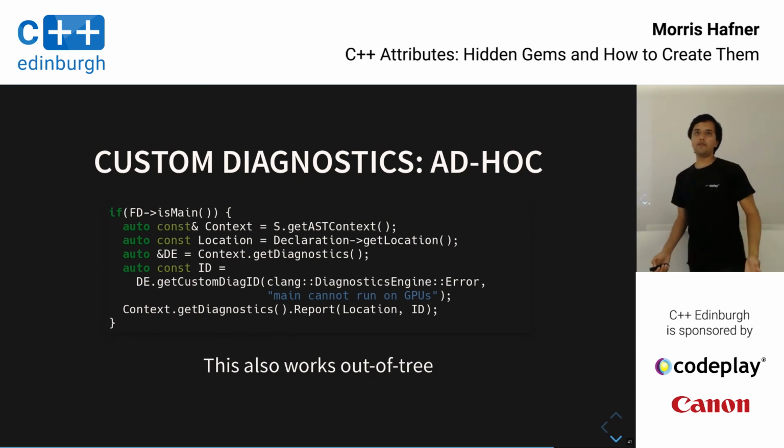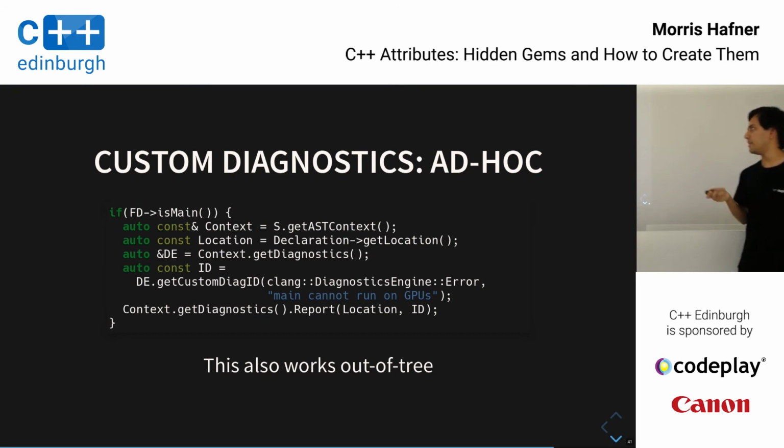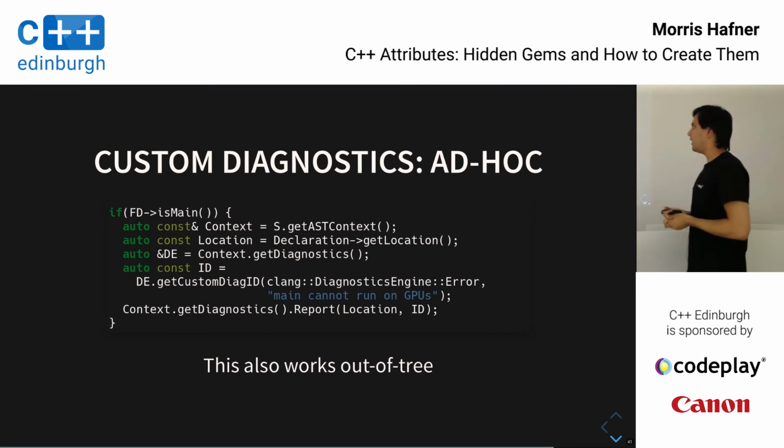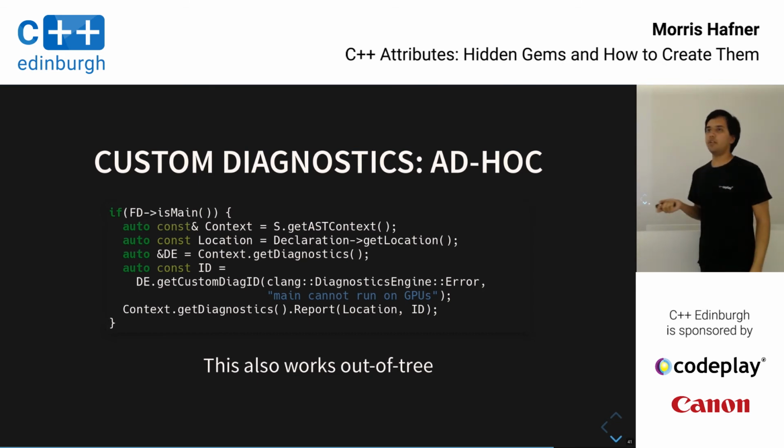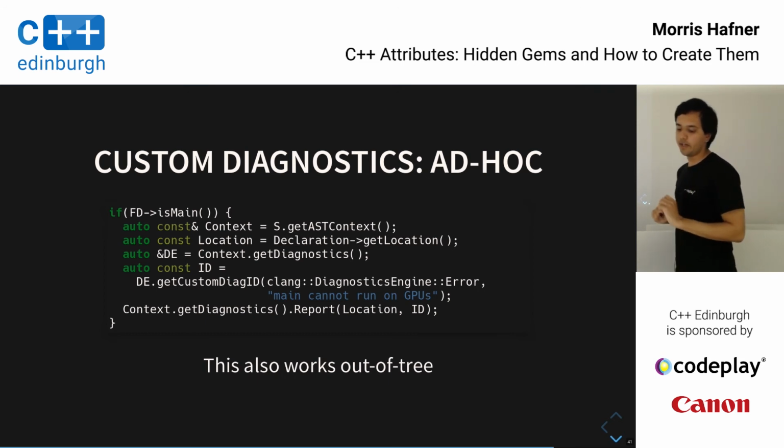So one way of doing it is with ad hoc diagnostics. You get the AST context, then you get the location of your declaration, and then you're saying, I want to print a diagnostic. It doesn't exist in Clang, so please give me an ID for a new one. Here is my error message: main cannot run on GPUs, and please report it at the location of the function declaration.